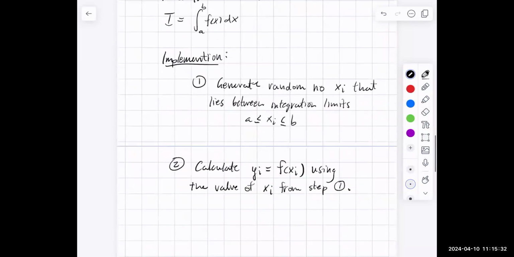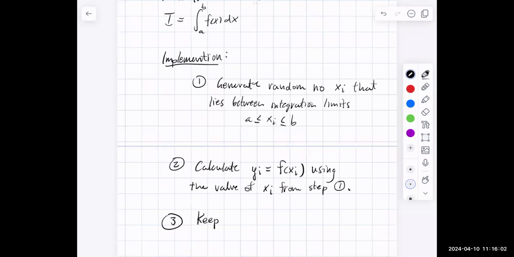All right. And then this is going to repeat over and over again. Each time we repeat this loop, every time we get a new value of x, I want to take this yi and keep a running total of all the values that we calculate from f of x.